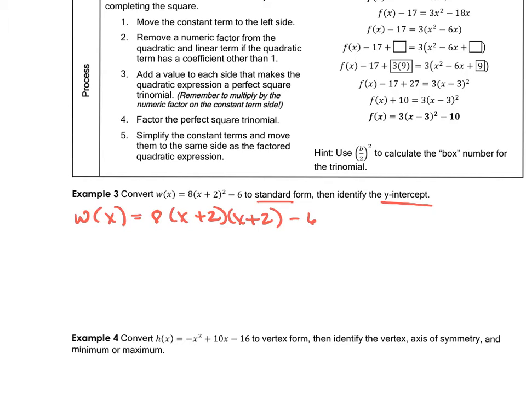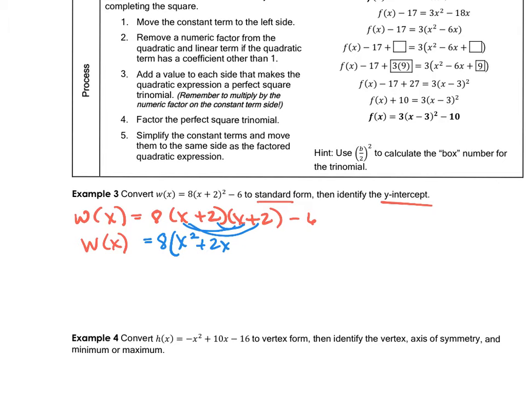So when you FOIL, you're going to do your first terms, which is x squared. I'm just going to leave this 8 on the outside. We have to distribute it. And so we're going to do x squared. Then we're going to do the outside, which is 2x.